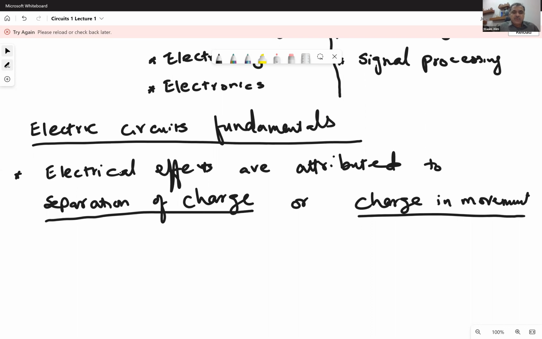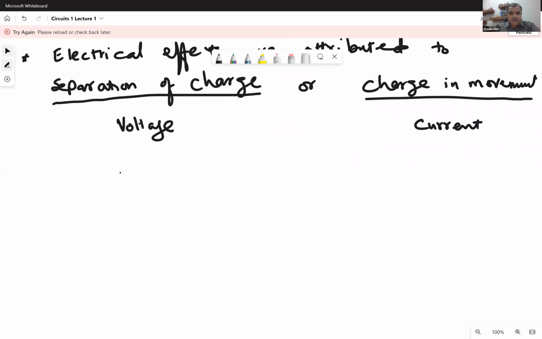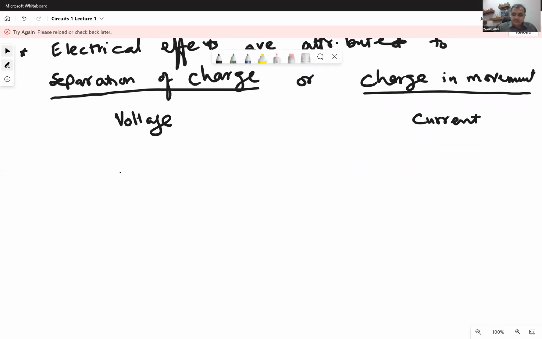So the two important concepts of circuit analysis are current and voltage, right? So when we talk about current or charge in movement, the charge is bipolar.